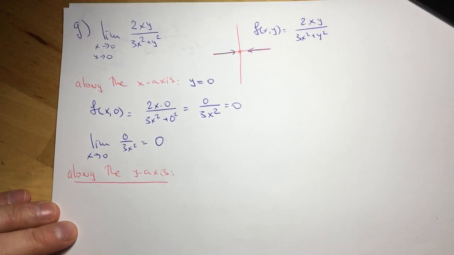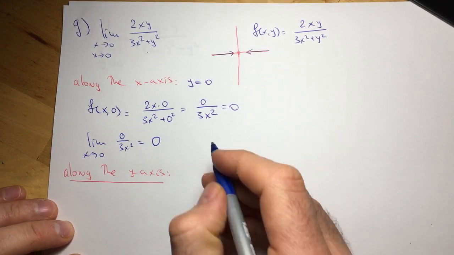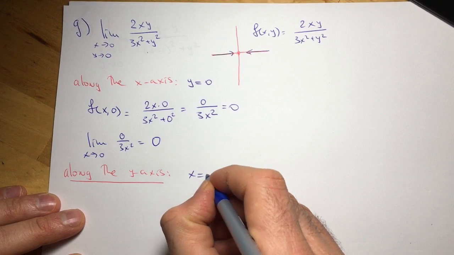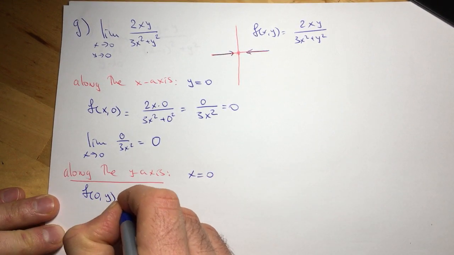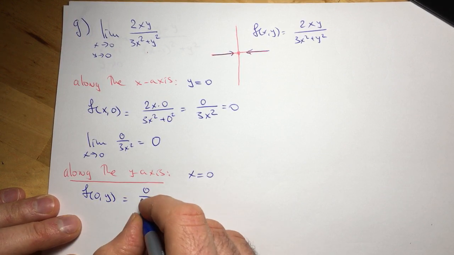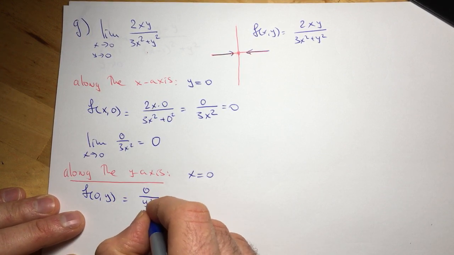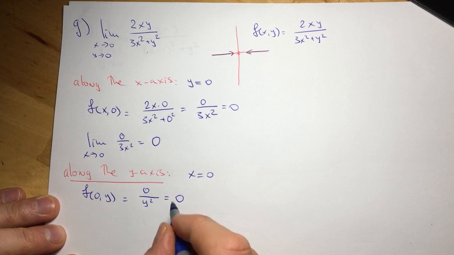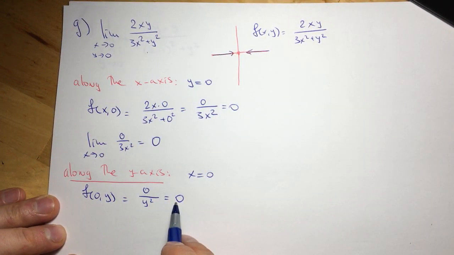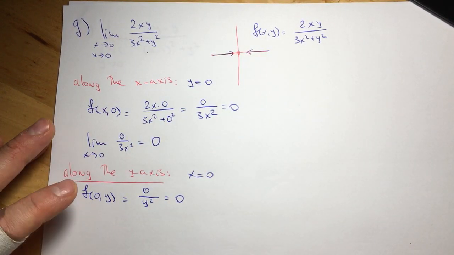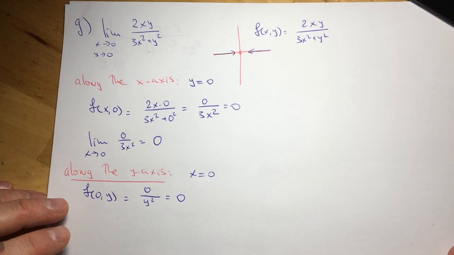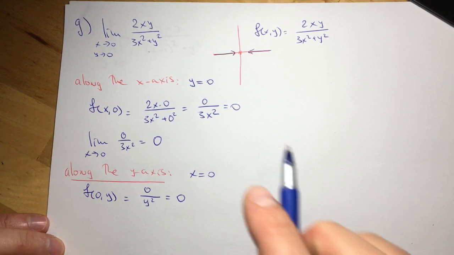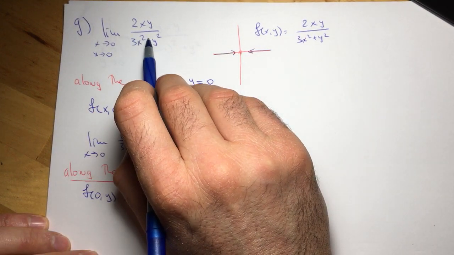Well, along the y-axis, x is equal to 0, so f of 0, y is again going to be 0 over y squared, which is 0. So this limit becomes 0 again. But is that enough to conclude that the limit is actually going to be 0?